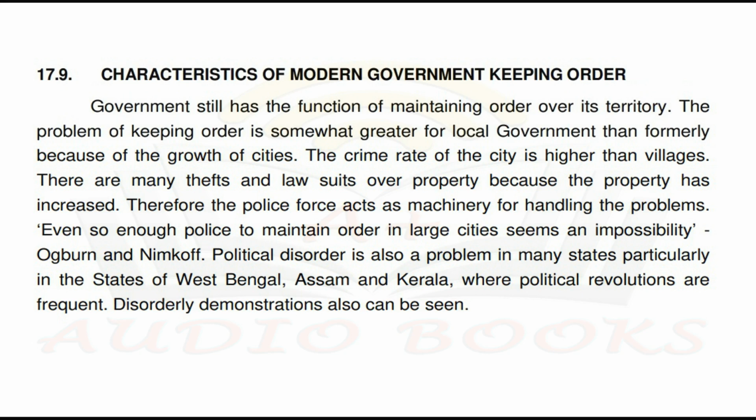Therefore, the police force acts as machinery for handling the problems. Even so, enough police to maintain order in large cities seems an impossibility, say Ogburn and Nimkoff. Political disorder is also a problem in many states, particularly in the states of West Bengal, Assam and Kerala, where political revolutions are frequent. Disorderly demonstrations also can be seen.